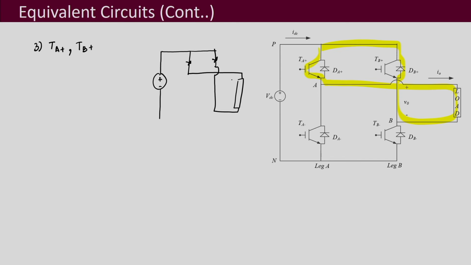So, these two are turned on, this is here VO, and what we observe here is that both the terminals of VO are connected to the same bus. Therefore, VO equals 0, and IDC also equals 0.